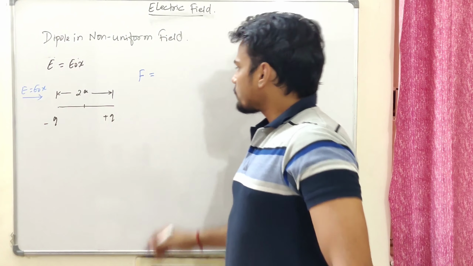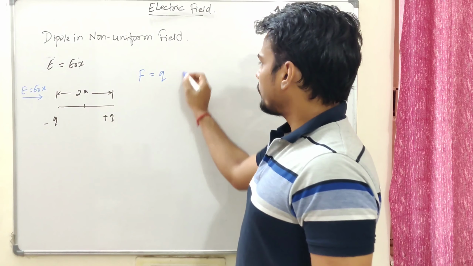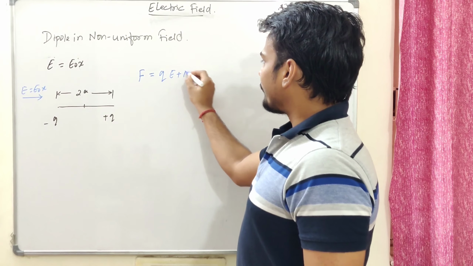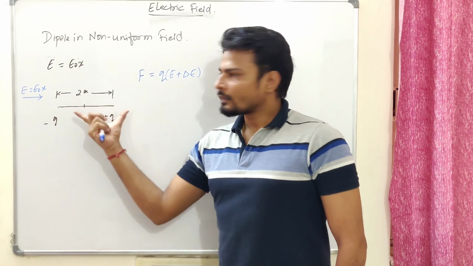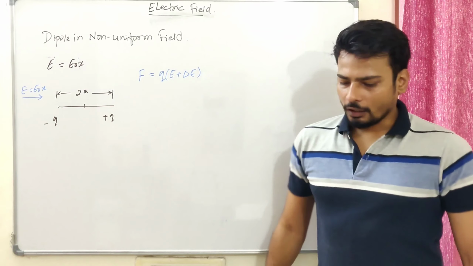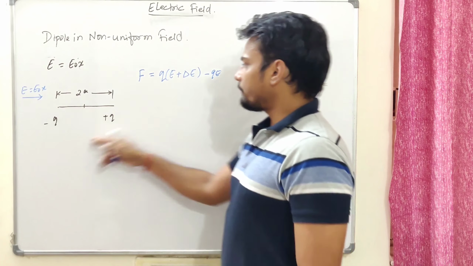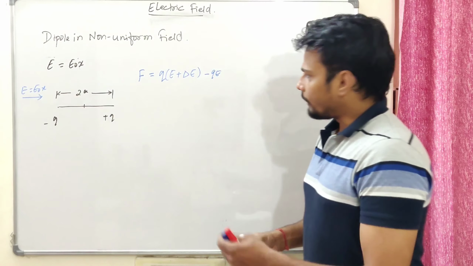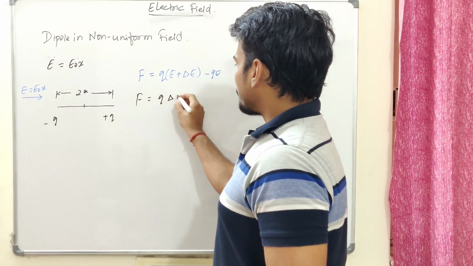So the net force on this dipole should be q times (E plus delta E) minus qE. Delta E is the change in the electric field over this length. That's the meaning of delta E. So the net force should be q times delta E.